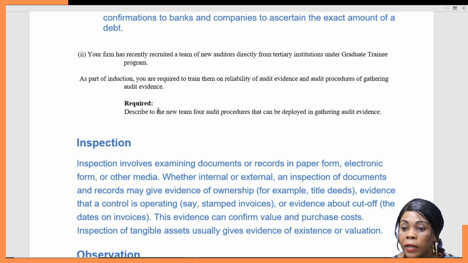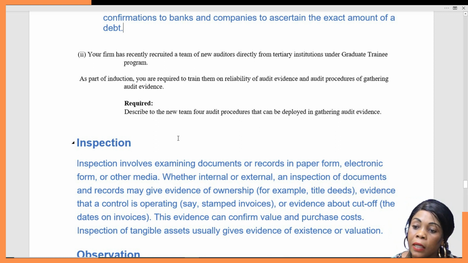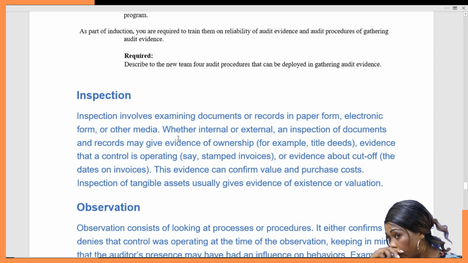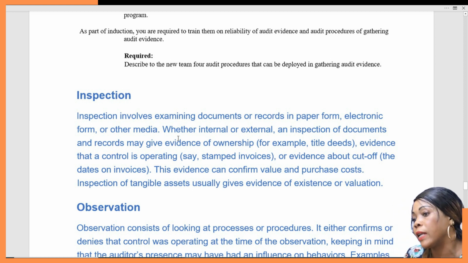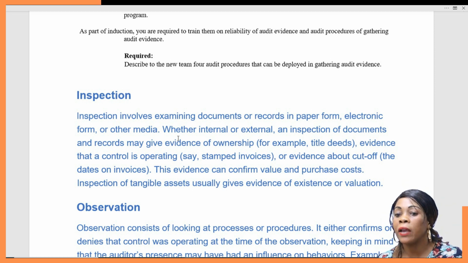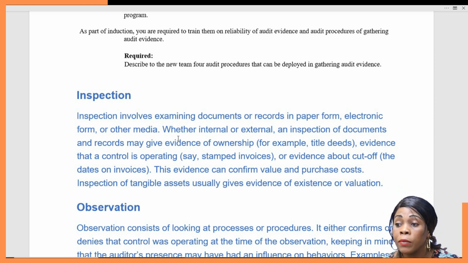As part of induction, you are required to train them on reliability of audit evidence and audit procedures of gathering audit evidence. Required, describe to the new team 4 audit procedures that can be deployed in gathering audit evidence.